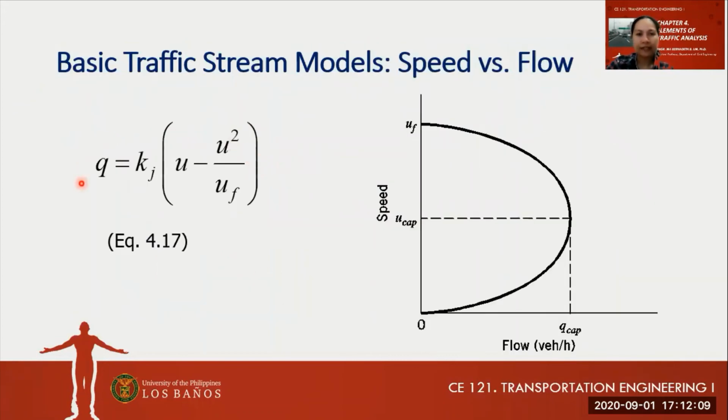And this is the relationship between flow and speed. So at a certain capacity of flow, the speed is at the capacity speed. And this is the formula for the relationship between the flow and the speed.